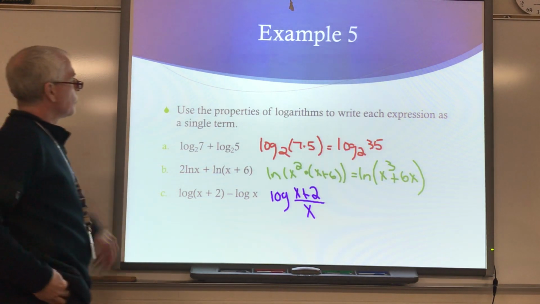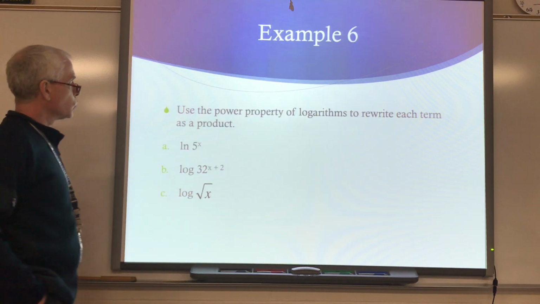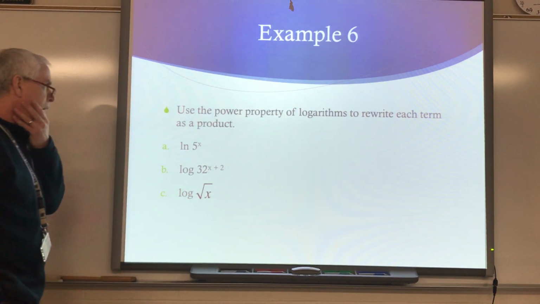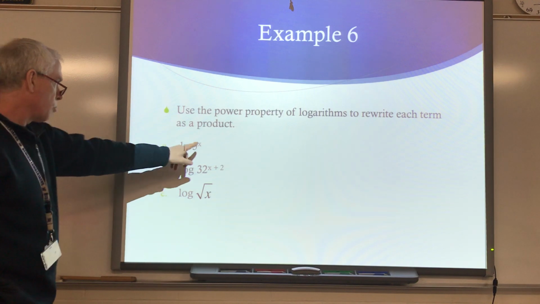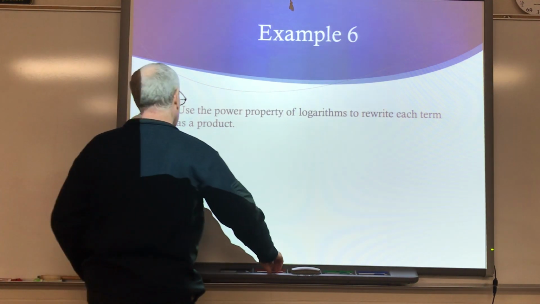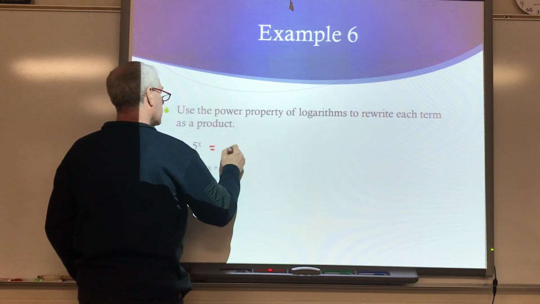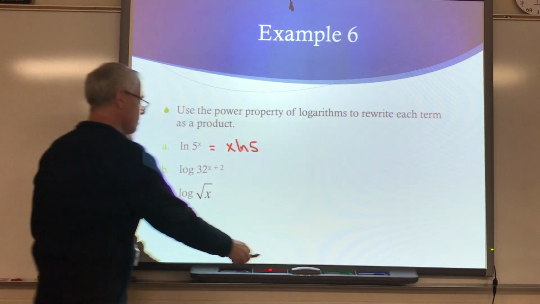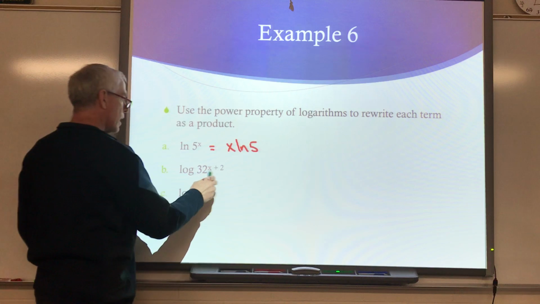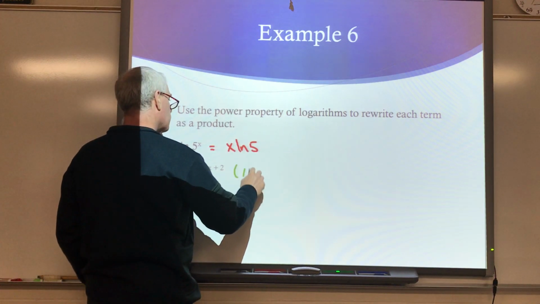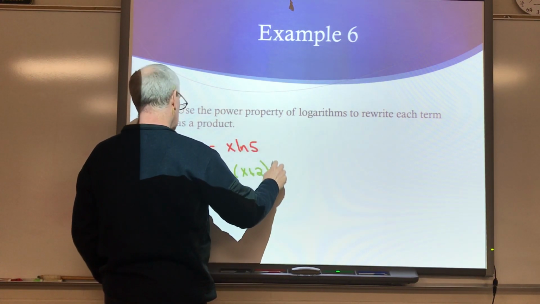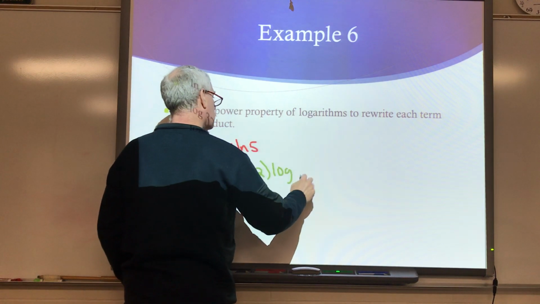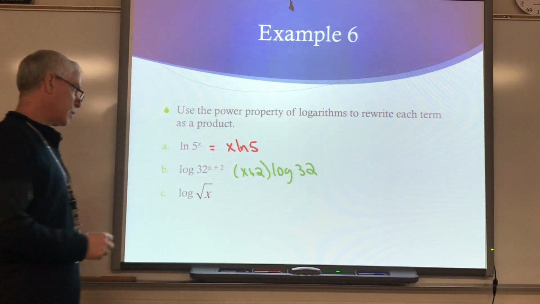Let's bump ahead to example 6 here. Okay, use the power property to rewrite. So if you see a power, you pull it out in front. So for this first one, that's just x ln of 5. Okay? For the second one, that x plus 2 is a power, so I'm going to have x plus 2 log of 32.